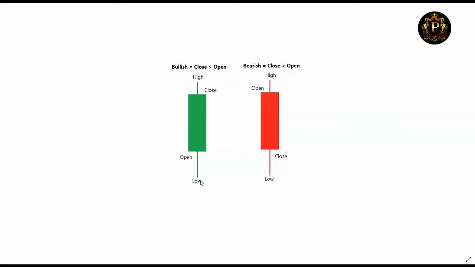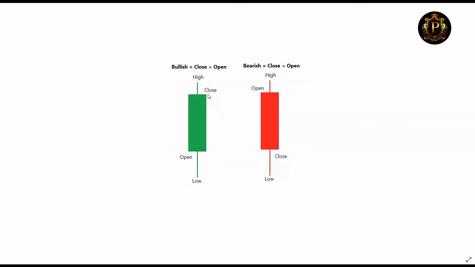So anything could have happened in this particular candlestick. It could be possible that the market opened here, fell down here, went up there before it closed, or it opened here, went up there, got to this lowest point, then rallied back up.